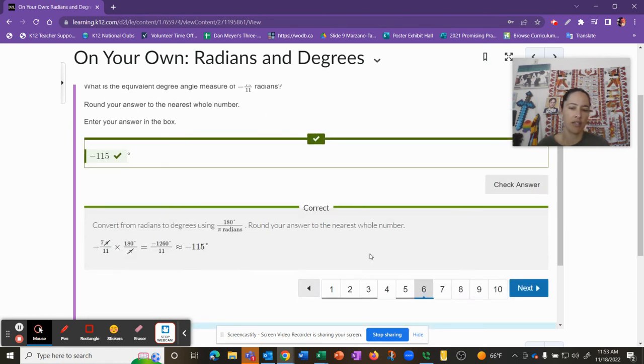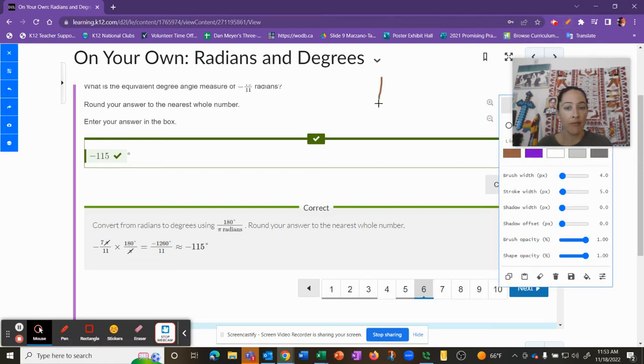I was just curious because this can be the confusing part when we get further into trigonometry. Say this is positive, let's say 45 degrees. It is also negative.